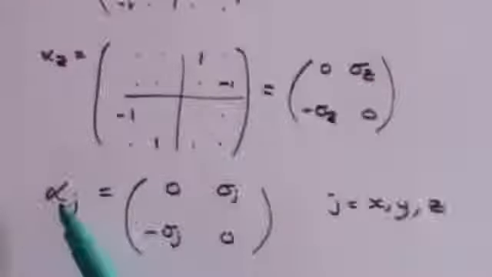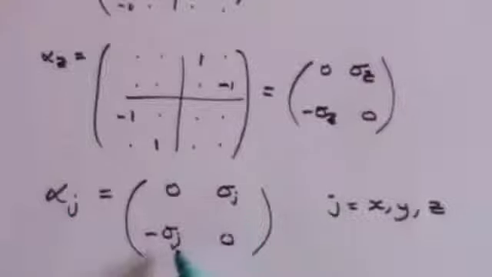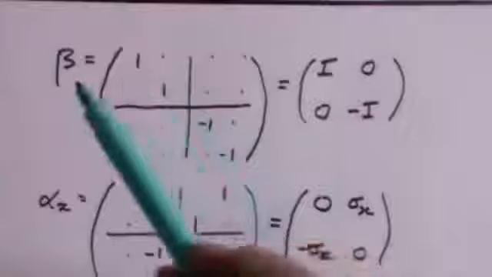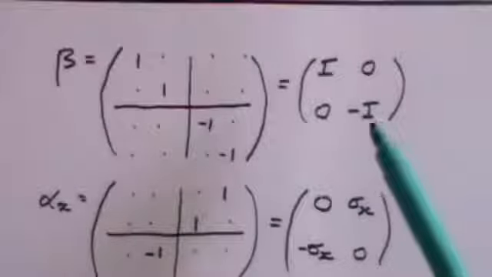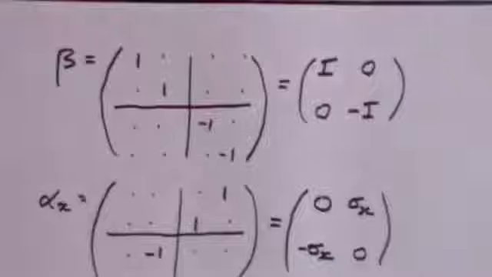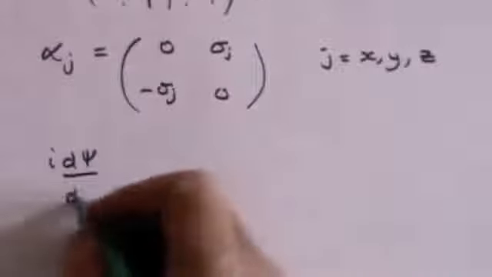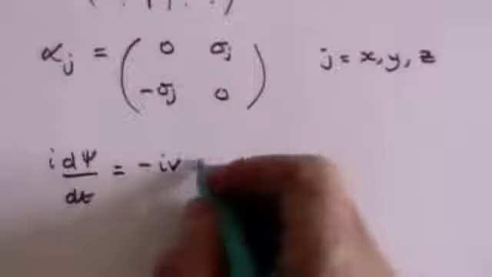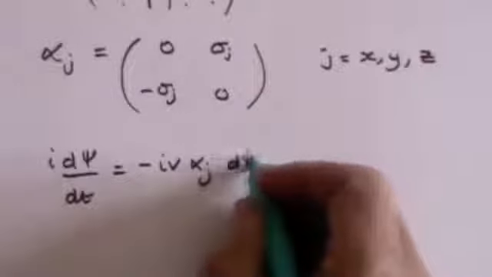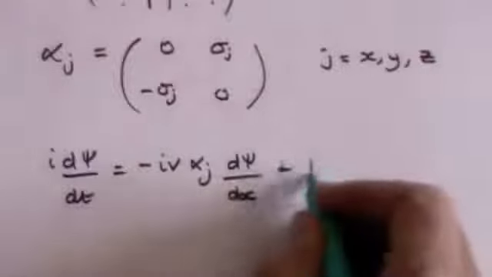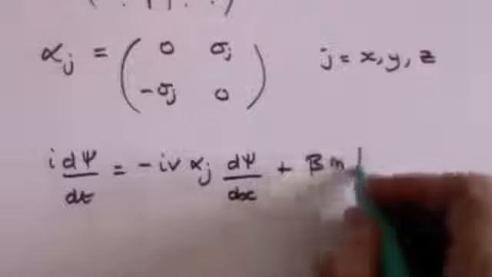So the Dirac matrix 4 by 4 will be determined by the application of the Pauli matrices, but when you go to beta, the 4 by 4 Dirac matrix for beta is just made up of the identity operators, plus and minus. So if we now go back to the Dirac equation in all its glory in 3 dimensions, we're going to get that i d psi by dt is equal to minus i, put the v term in if you like, times alpha j d psi by dx plus beta m psi.